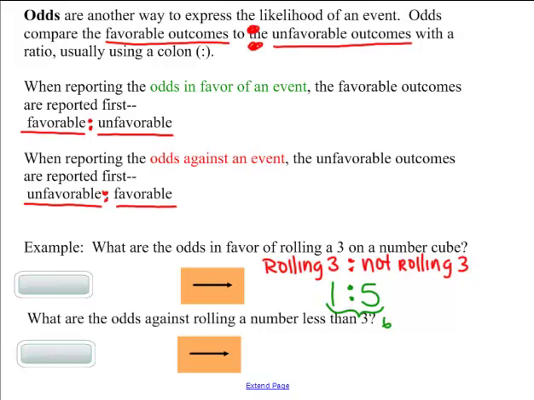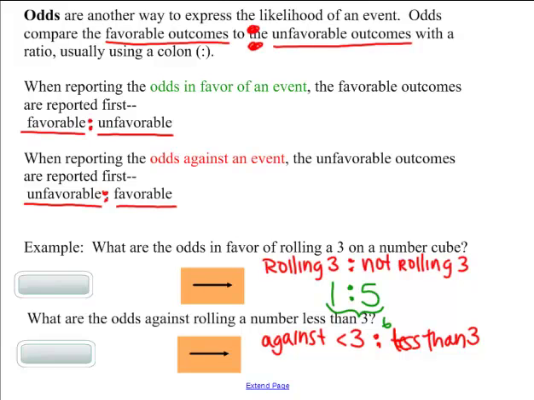Next one, what are the odds against rolling a number less than 3? So against less than 3. And then our favorable outcomes will be less than 3. So how many numbers are less than 3?